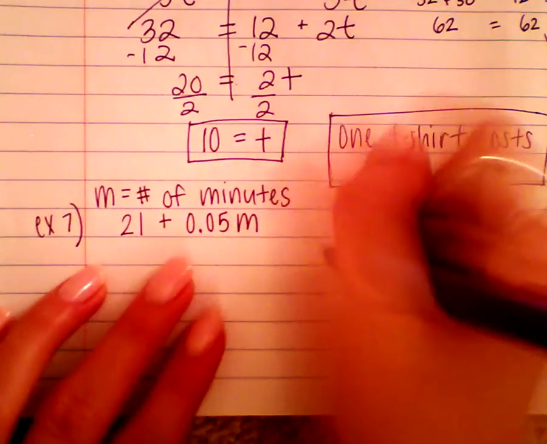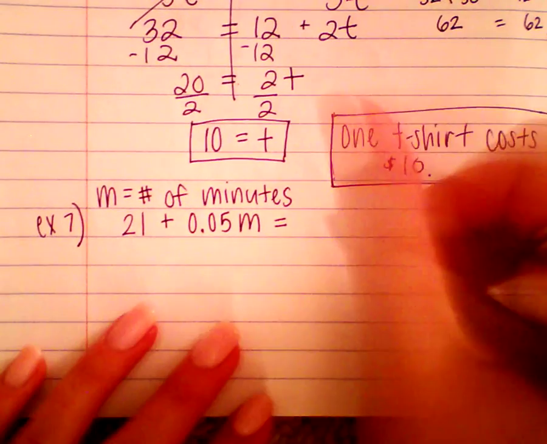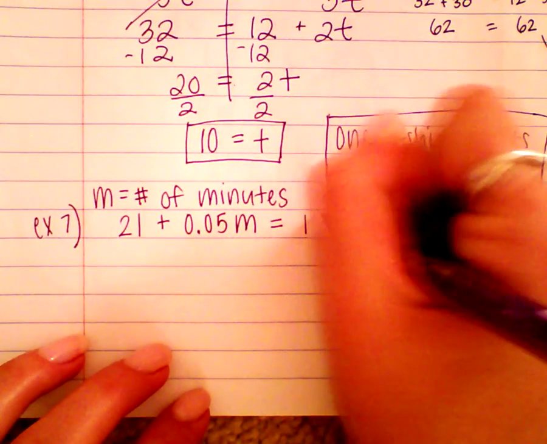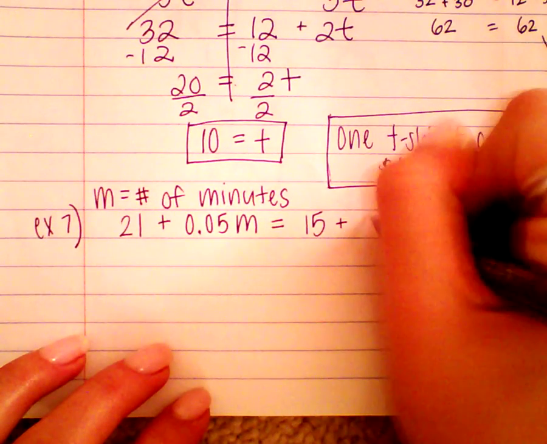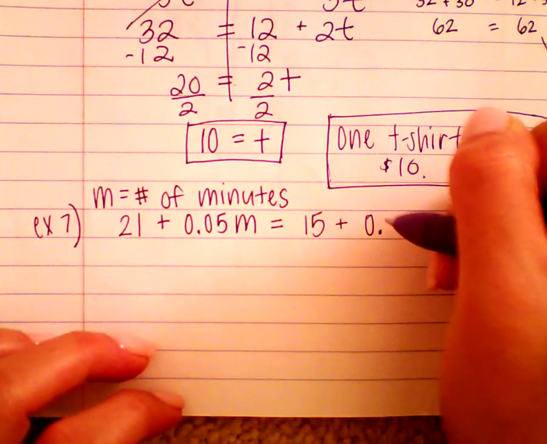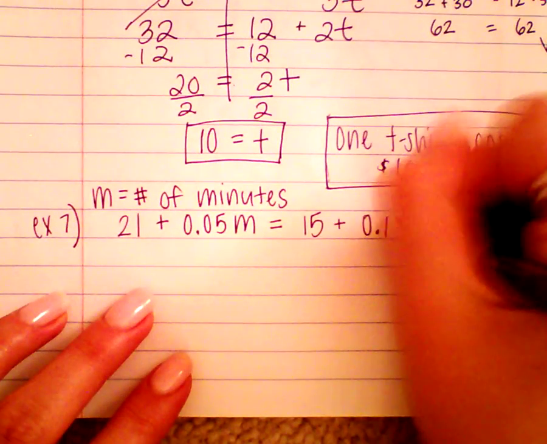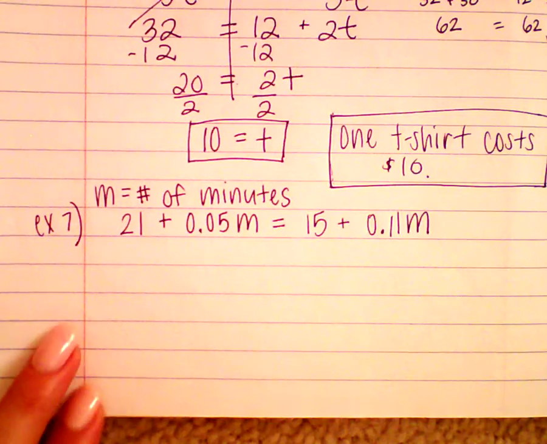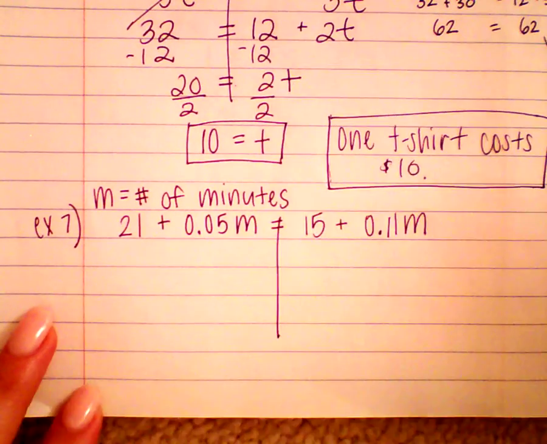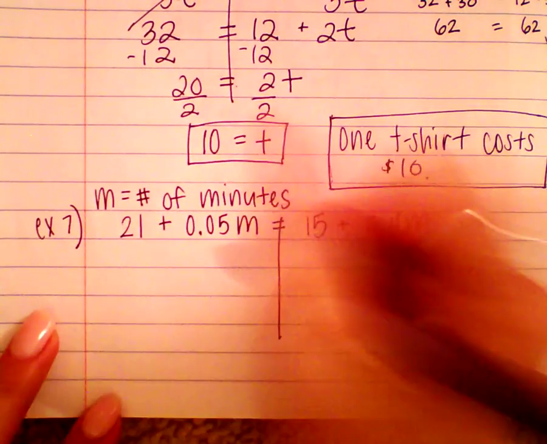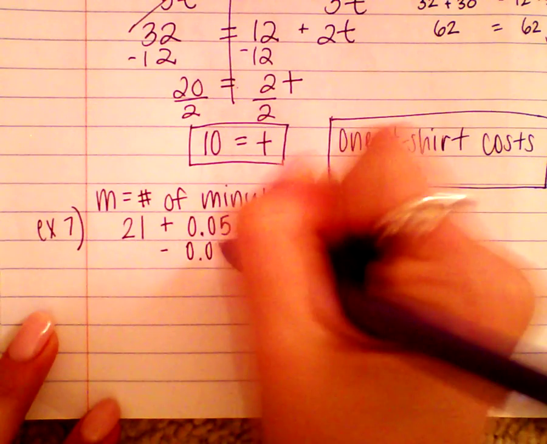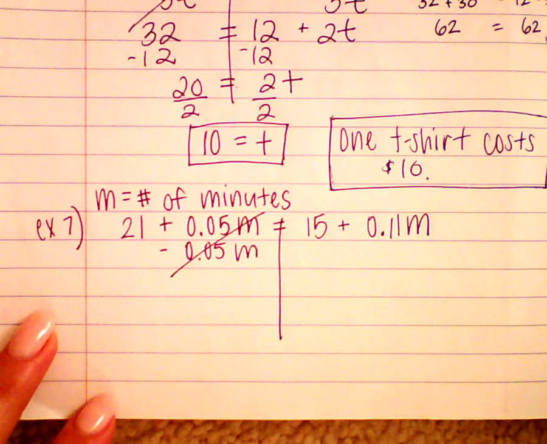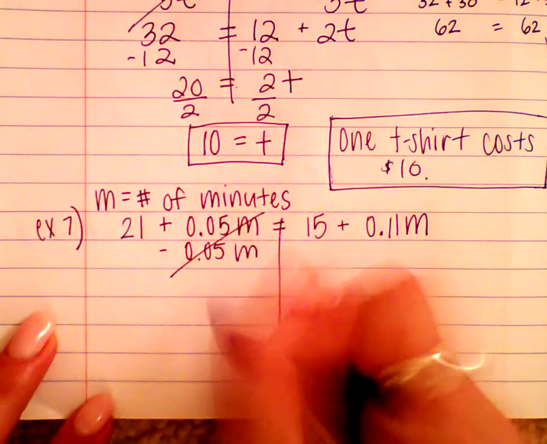And I want to know when it's going to be equal to the other company, which charged $15 initially, and then they are going to make me pay, let's see, 11 cents per minute. Okay, so now I'm going to move all my variables to the same side. We have 0.05 m, take away 0.05 m, cancels out.